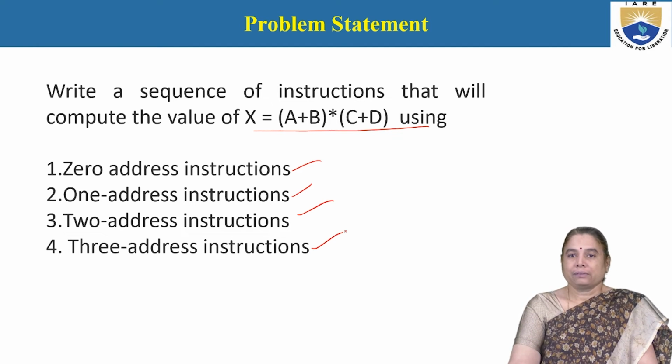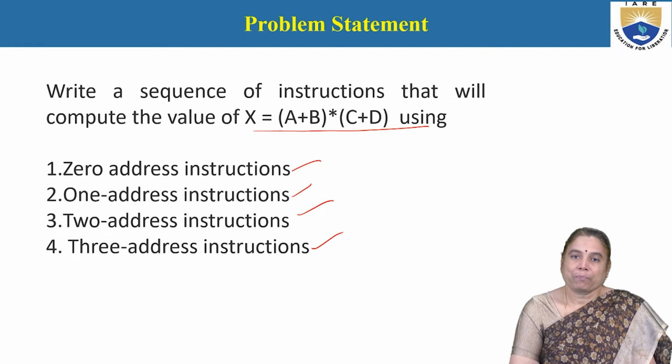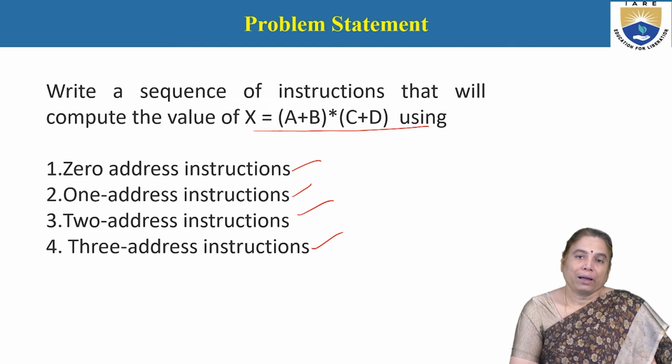In the case of 0 address instructions, the number of arguments specified in the micro operation is null. Generally, the stack organization is used for this purpose.